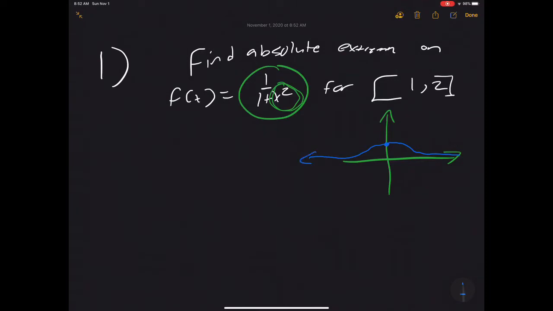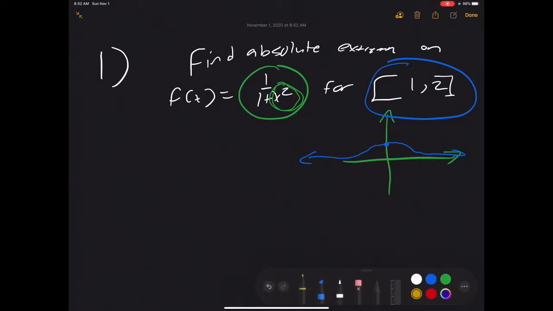So I already cheated a little bit because just from my graph, I know that the absolute maximum for number 1 is going to be 1, and the absolute minimum is going to be 2, because it is a function that on that interval, say, I don't know, this is 1, this is 2, on that interval, we are strictly decreasing. So we know that the endpoints represent our maximum and minimum.